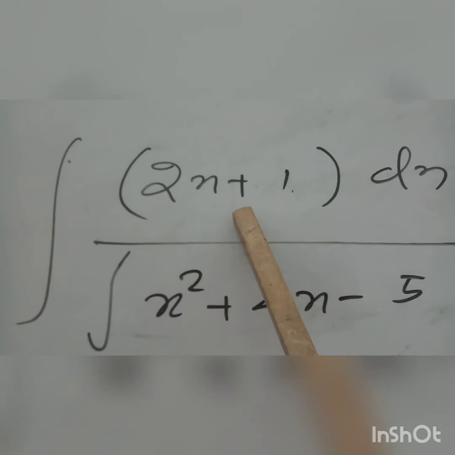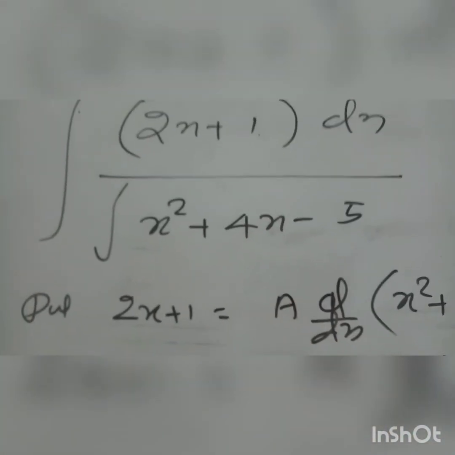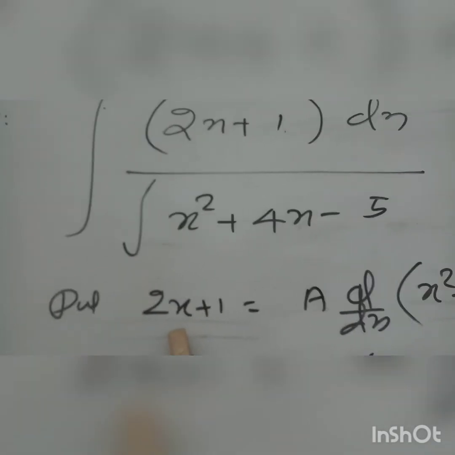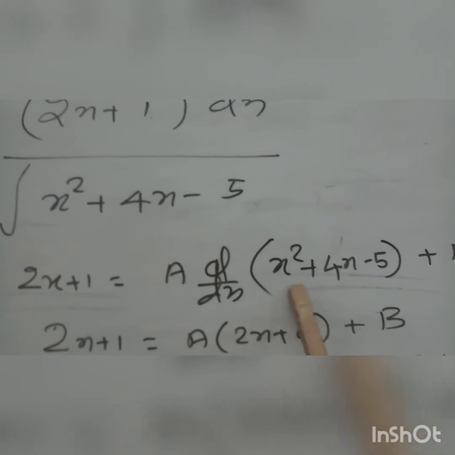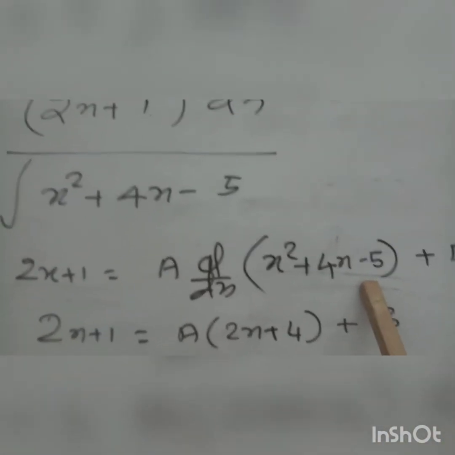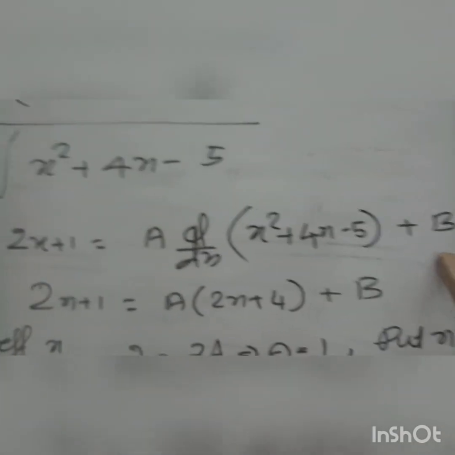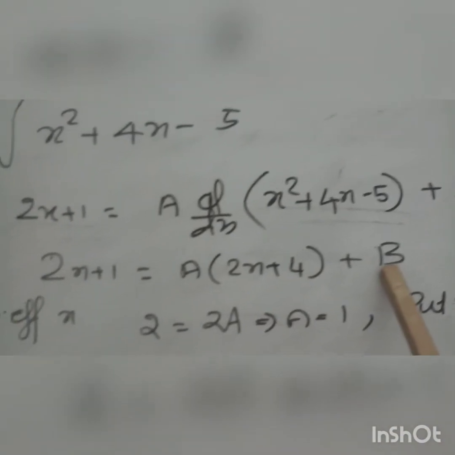Here the numerator 2x + 1 is a linear expression. Similar to our previous problems, you take this 2x + 1 as a into the derivative of the function inside the square root, that means that quadratic expression x² + 4x − 5 only, plus b. Simplifying, 2x + 1 is equal to a into (2x + 4) plus b.